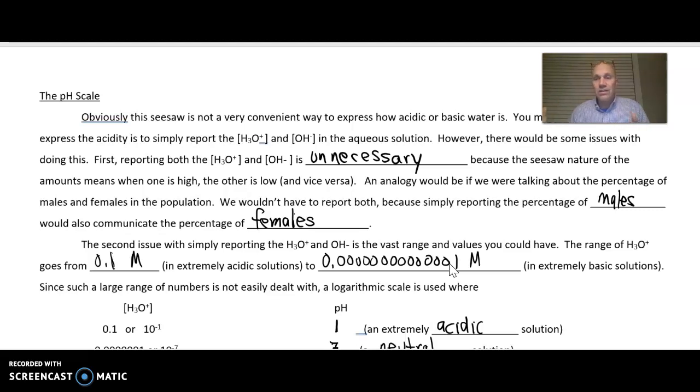One of these is 10 to the 14th larger than the other. And these are very difficult numbers to deal with. And so what we've done is decided to express this in a little bit of a different way, and that's to use a logarithmic scale.